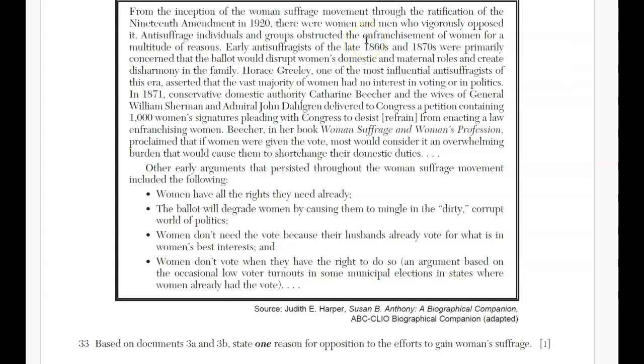So enfranchisement is giving the right to vote to the women. Early anti-suffragists of the late 1860s and 1870s were primarily concerned that the ballot, that is the right to vote, would disrupt women's domestic and maternal roles and create disharmony in the family.